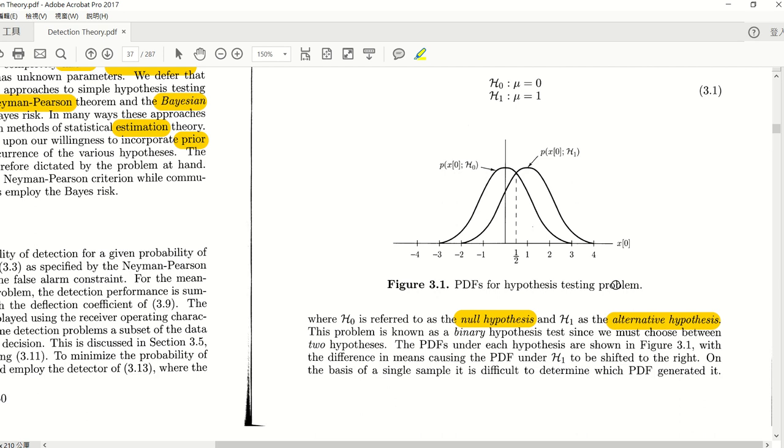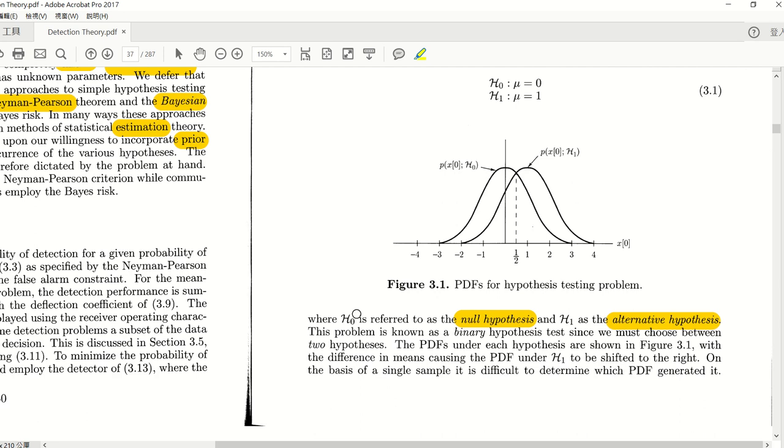So the thing is, if we are doing, for example, a binary problem, BPSK, it doesn't matter which one is the null hypothesis and which one is the alternative hypothesis. One could be 0, the other could be 1. Alternatively, if you like to put this as 0 and this as 1, it doesn't matter.